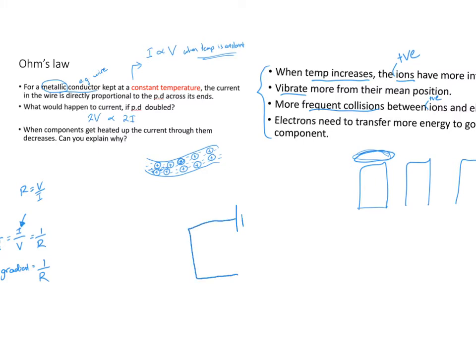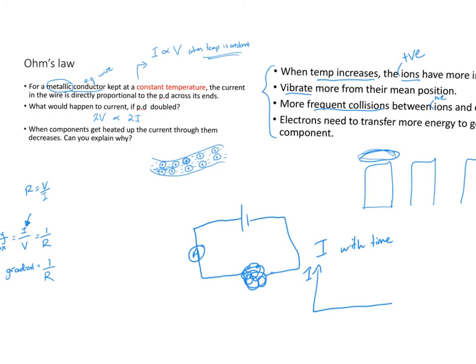So you could get another wire and just put it in a bundle there, and you can start recording the current with time. You will end up with a graph of current against time. It will look something like this.